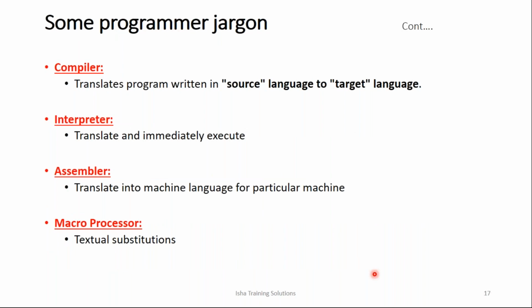Next is a compiler. It translates the written program in source language to target language. Here, the source language is simply the language or the content that you have typed. This compiler will translate the content you have typed into the target language, a language that can be understood by the system. So the compiler will change the data format.